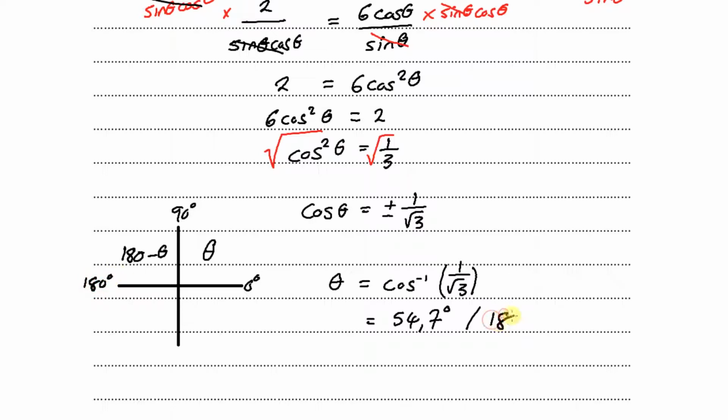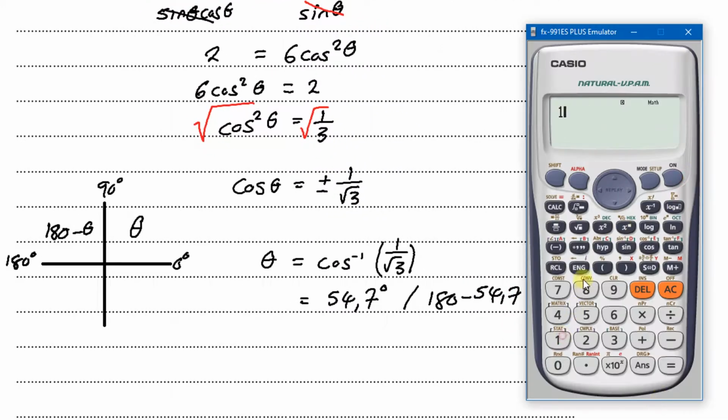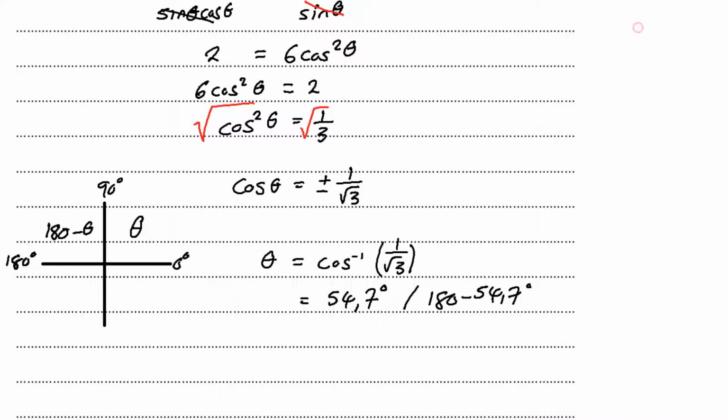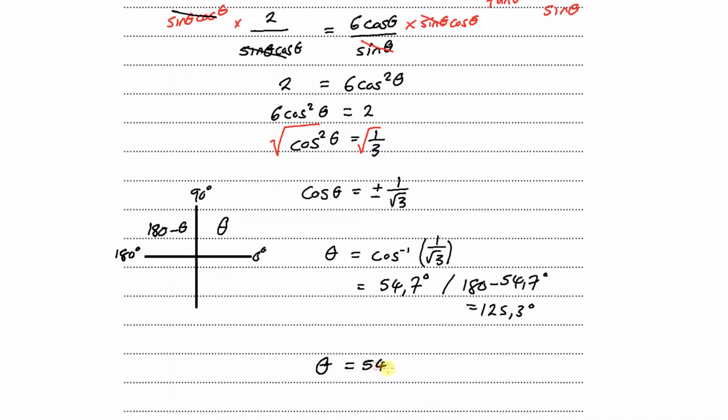So that's 180 minus 54.7. That's 125.3. So these are the two values. So theta has values 54.7 degrees and 125.3 degrees. These are the two solutions we have right here for the value of theta.